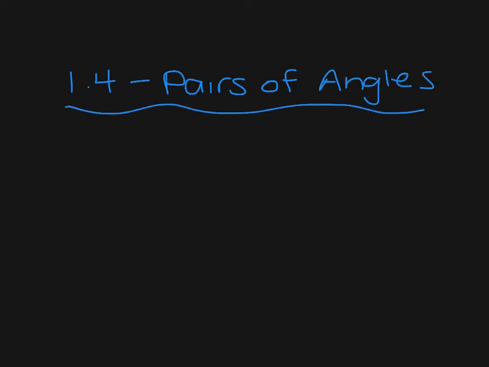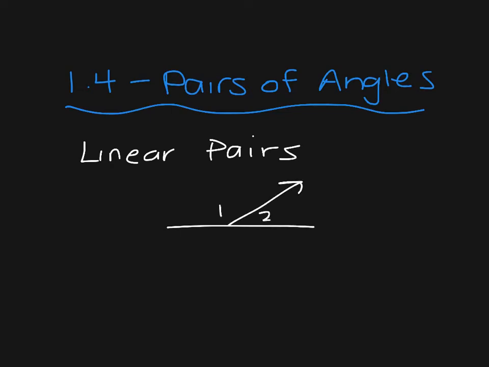Okay, and then in 1.4, we were introduced into pairs of angles. So you saw linear pairs, which are two angles that form a line. So something like angle 1 and angle 2 would be a linear pair. And then we later learned that those would add up to 180.